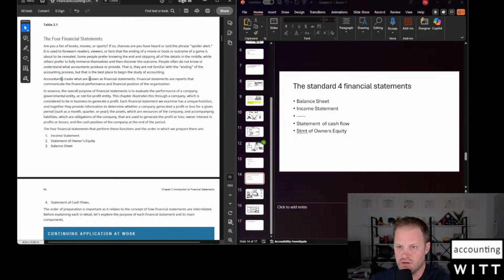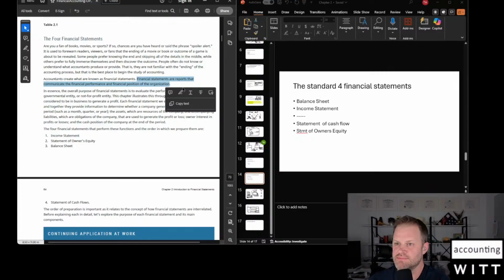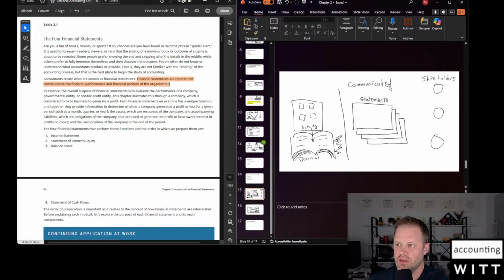So accountants create financial statements. Financial statements are reports that communicate the financial performance and financial position of an organization. So what is communicated? We just said how it's communicated, but what is communicated?